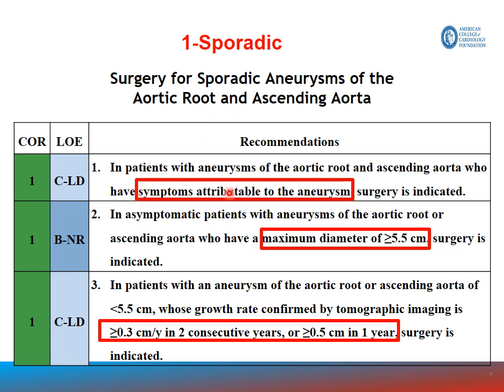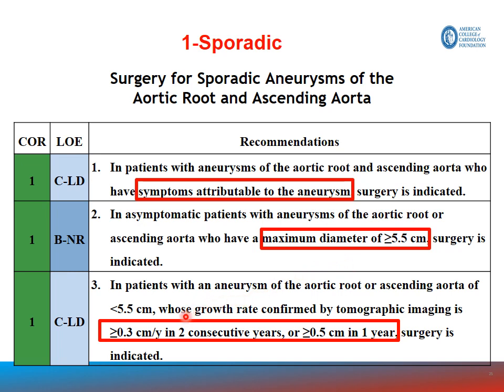The first indication is symptoms attributable to the aneurysm, such as neck pain or chest pain due to compression on the surrounding structures by the enlarging aneurysm. The second indication is maximal diameter of the ascending aorta or aortic root of 5.5 centimeter or more.